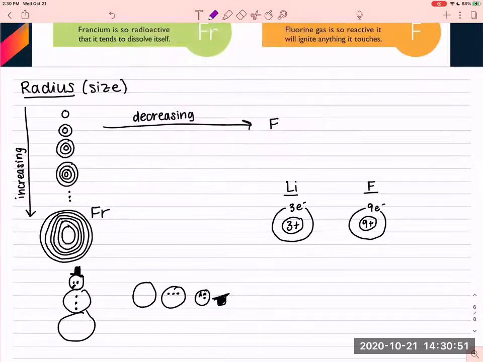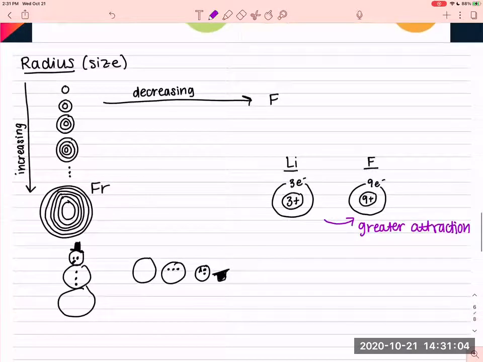Fluorine is smaller because it has a greater attraction. This all has to do with attraction. It's something called Coulomb's law. 9 pluses and 9 minuses has a greater attraction than 3 pluses and 3 minuses.